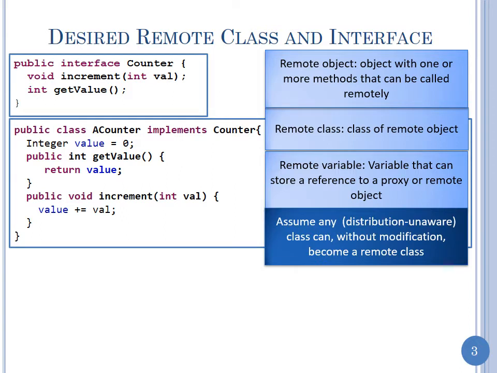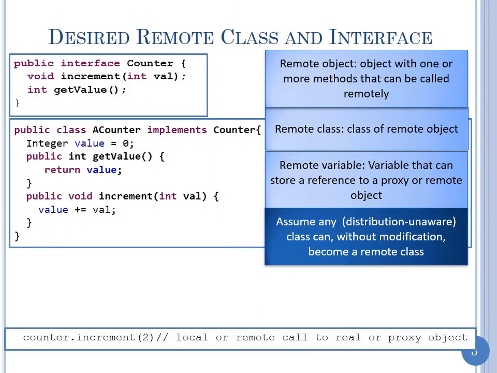Let's assume for now that our remote classes are distribution unaware. That means we can use any class at all as a remote class. This means that we should be able to create a variable such as counter, on which we can invoke all the methods in the server class, a counter, the remote class.